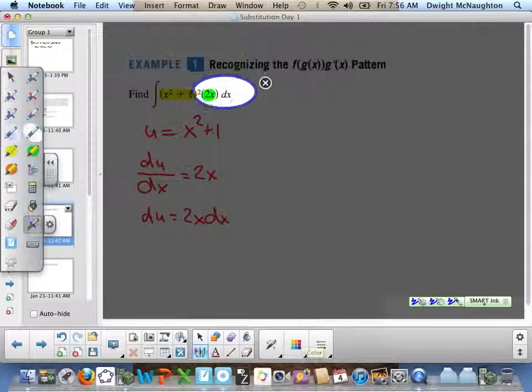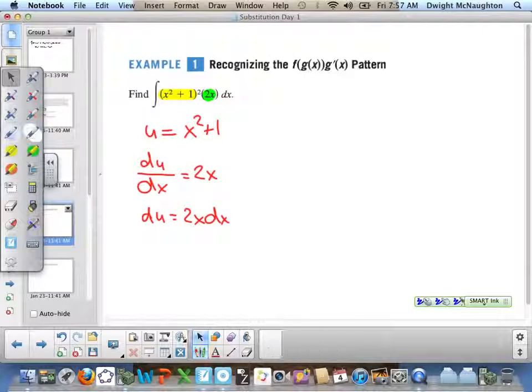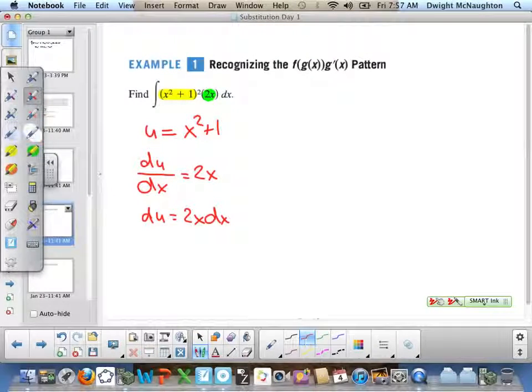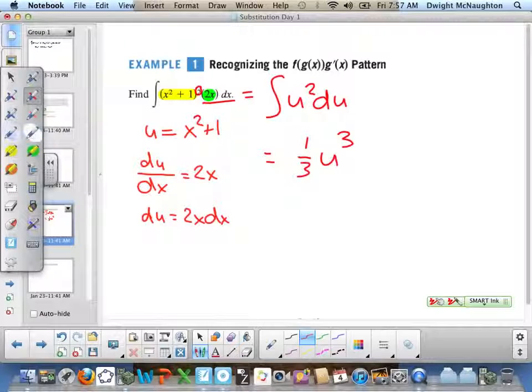So I'm going to replace the 2x dx with du, because they're equivalent. So what we get when we substitute: x squared plus 1 becomes u. Don't forget your square. 2x dx becomes du. And that is a pretty simple, straightforward power rule antiderivative. The 2 goes up to become 3, divide by 3, plus a constant.